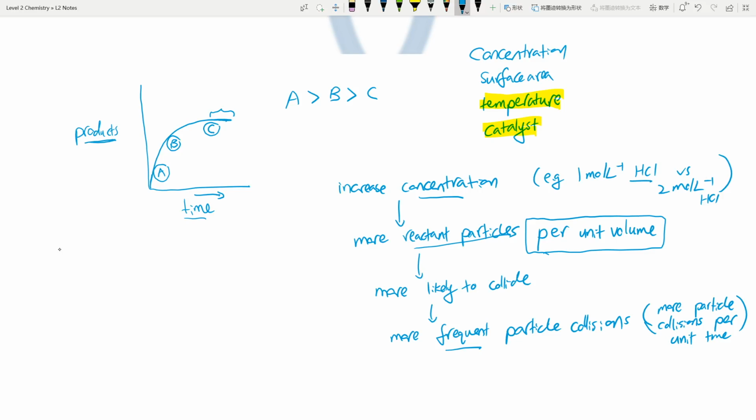You just need to understand that because there is more concentration, there are more reactant particles per unit volume, therefore they're more likely to bump into each other, therefore there will be more collisions.